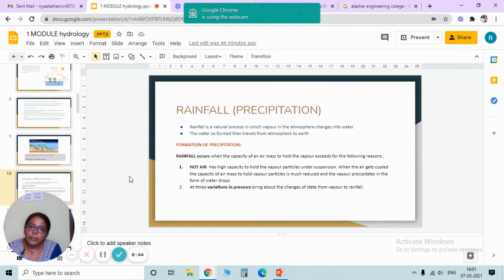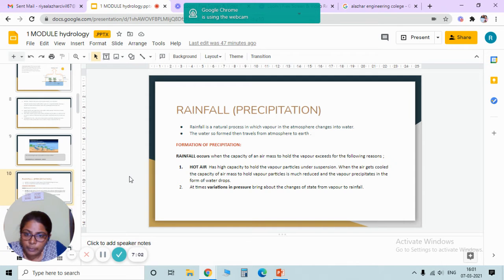Now let's look deep into what is rainfall. As I said earlier, rainfall is a natural process in which the vapor in the atmosphere changes into water. The rainfall occurs when the capacity of an air mass to hold the vapor is exceeded, for the following reasons.